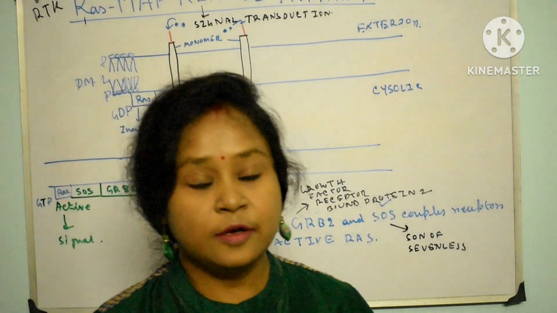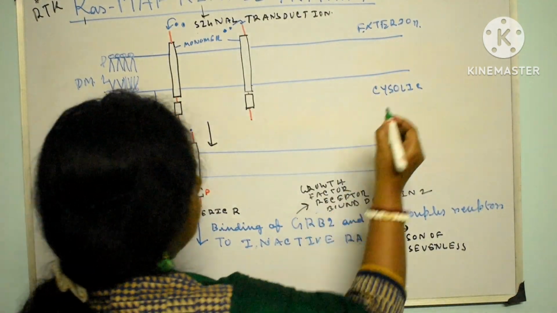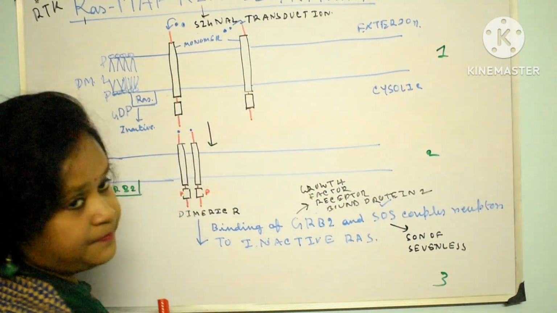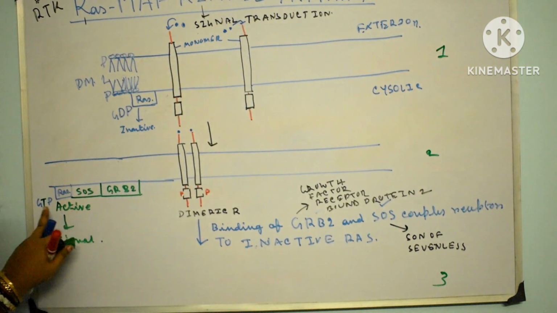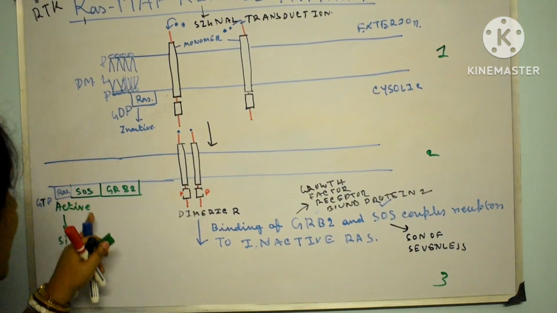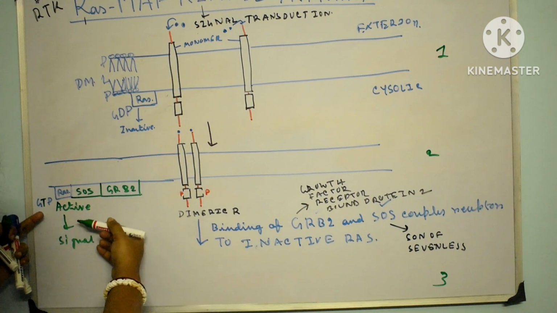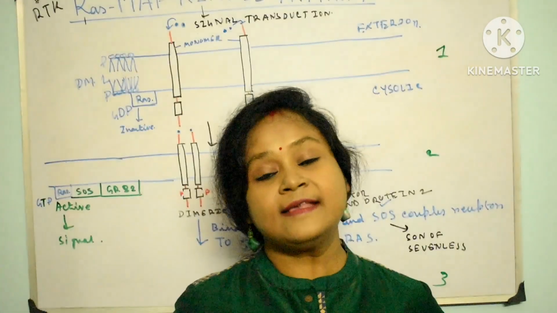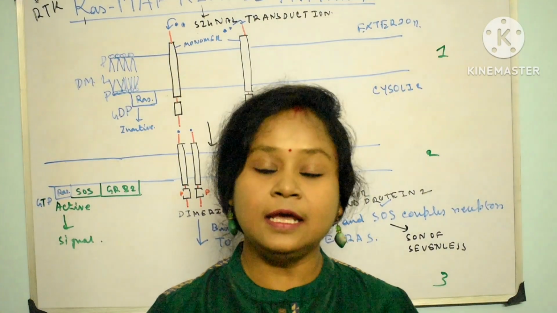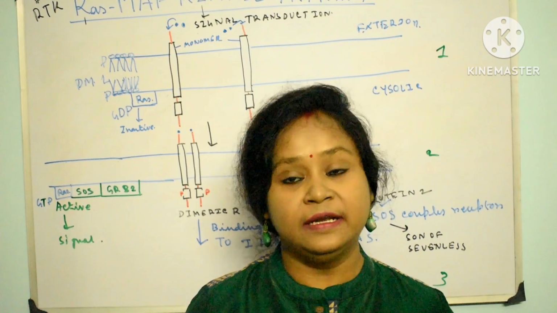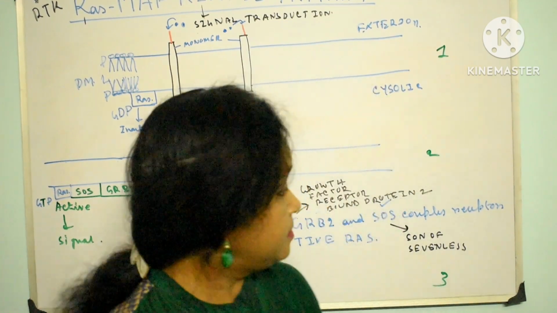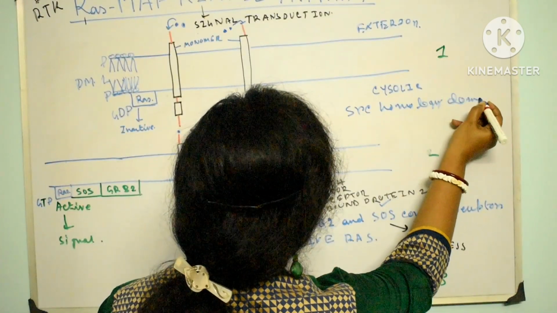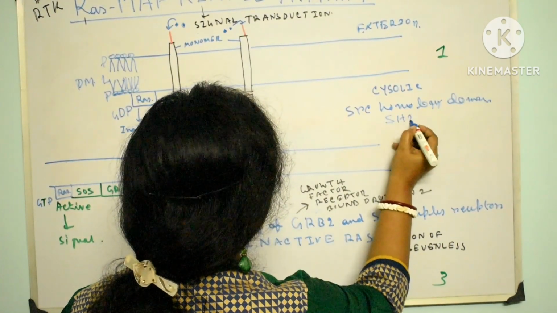Make sure to draw this: first set, second set, and third set. First make this GDP inactive form, and in the fourth step make this GTP active and give signal. So this is the Ras-Map kinase pathway.